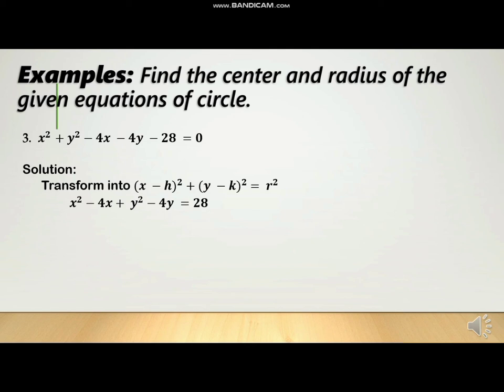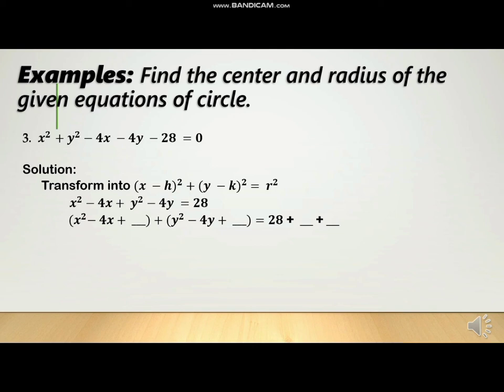Ngayon, para maging perfect square trinomial yan, mag-a-add tayo ng number. Ngayon, paano nyo malalaman kung ano yung i-add ninyo? Kung ano yung missing number? At kung ano man ang i-add ninyo sa left side ng equal sign, dapat i-add nyo rin sa right side ng equal sign para equal pa rin.